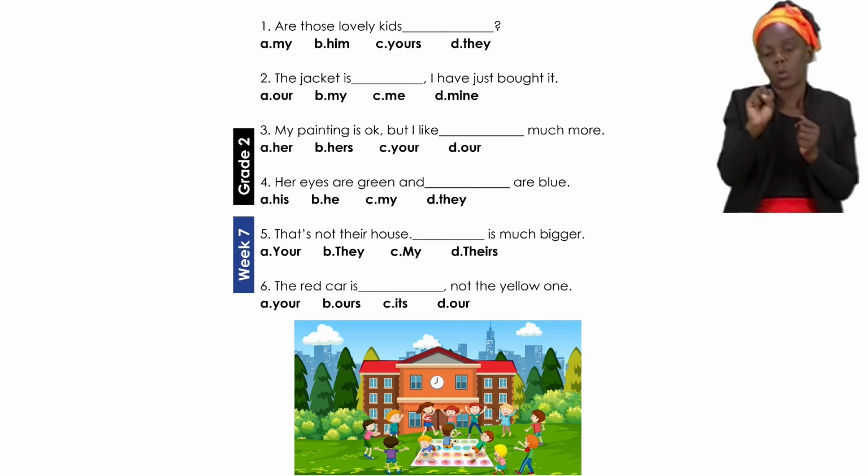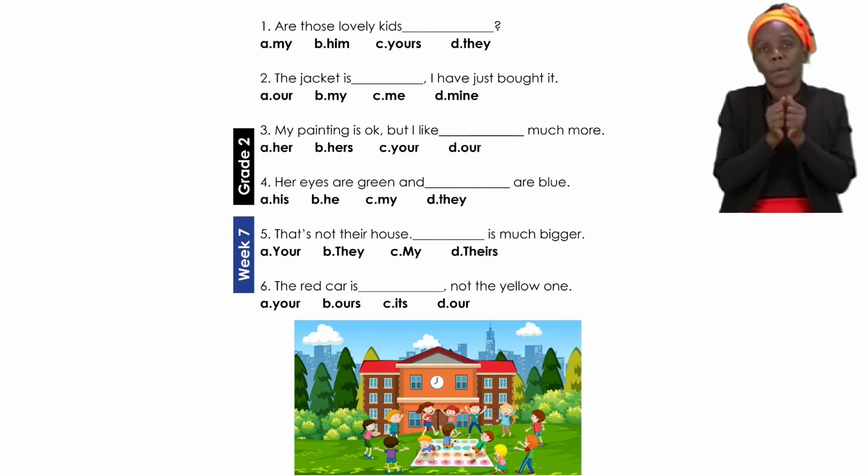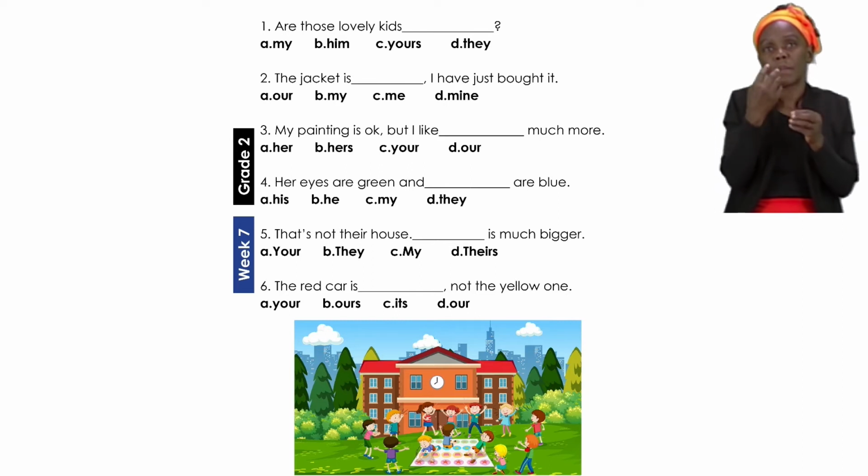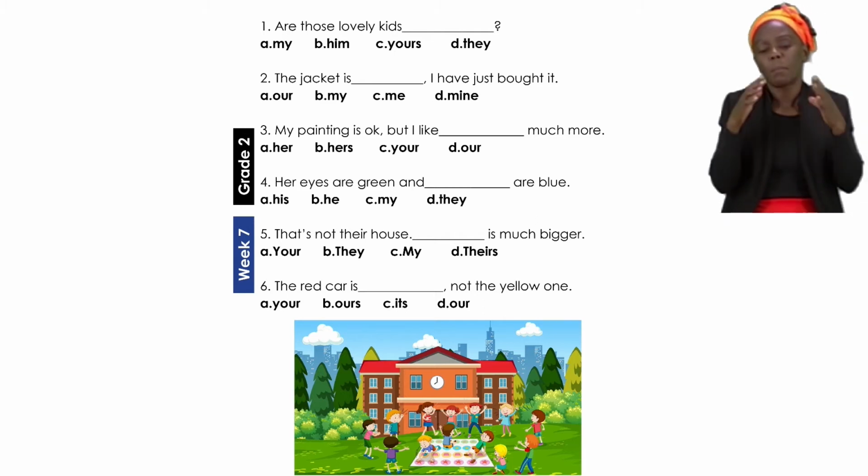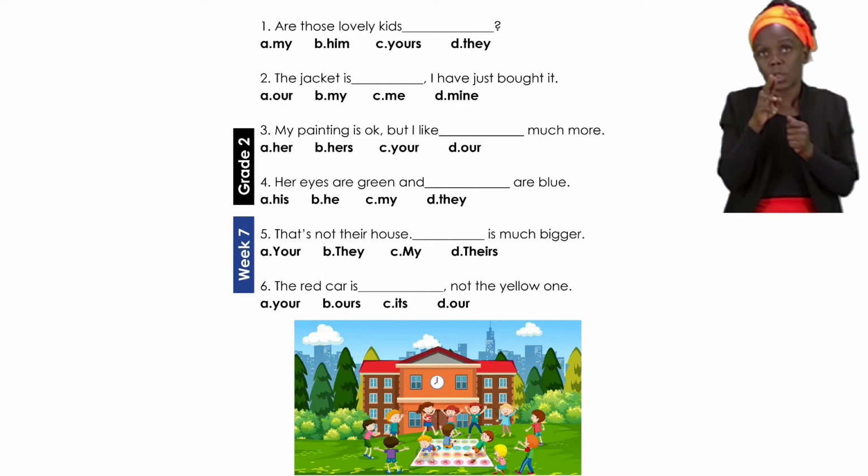Let's do number 5 together. Number 5 says, that's not their house. Dash is much bigger. Let's read it again. That's not their house. Dash is much bigger. Which word would you choose there?